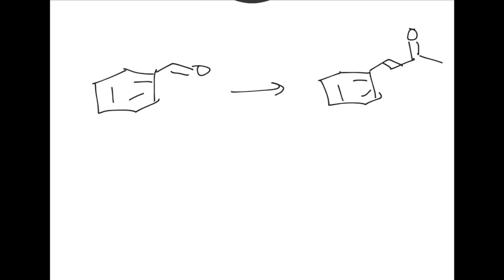Okay. So how would you make that? So we need a way to make a trans double bond, and we need it to have a carbonyl on it as well. I'm going to give 2 ways that you guys know how to do this.